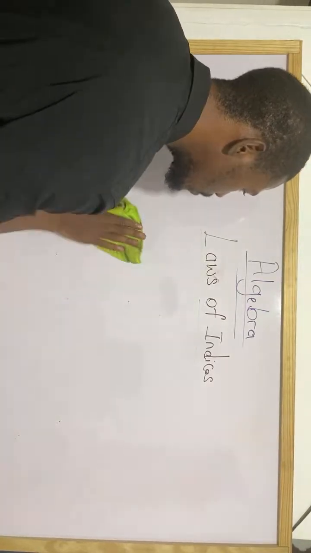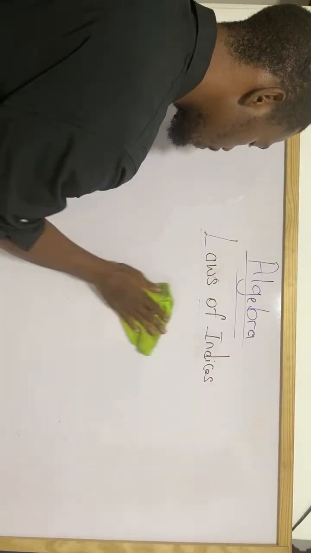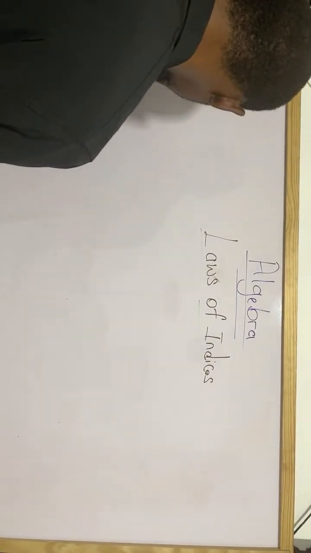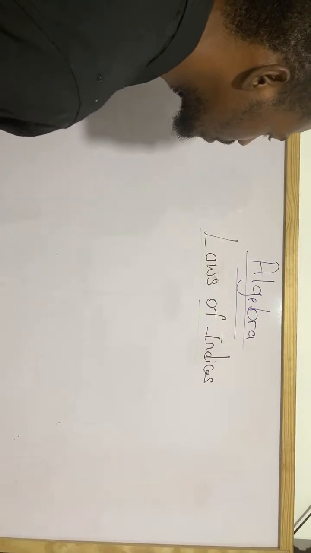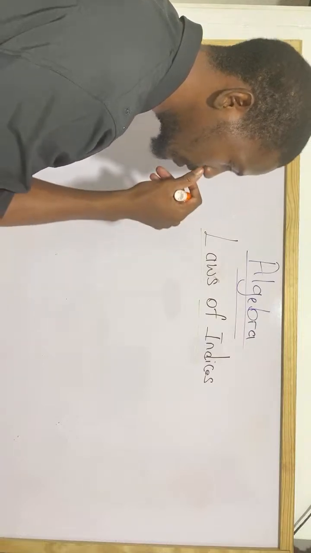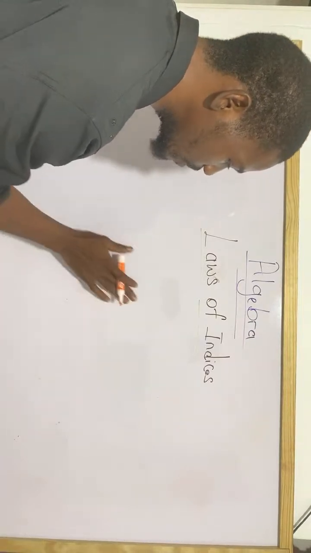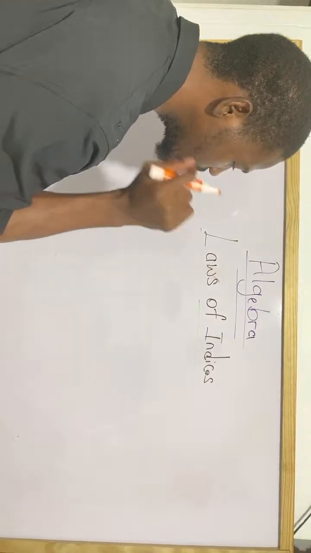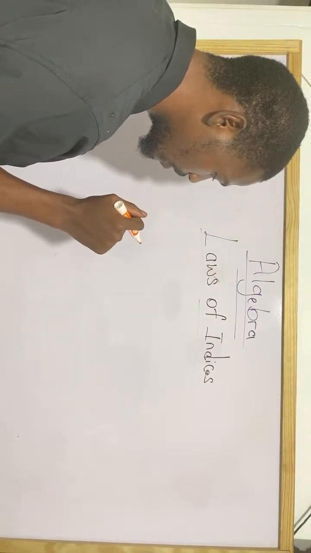So that's about 5 different ways of explaining multiplication and or division of our index. Those are just some basic things to bear in mind. Now, here's something that I want to really go onto.